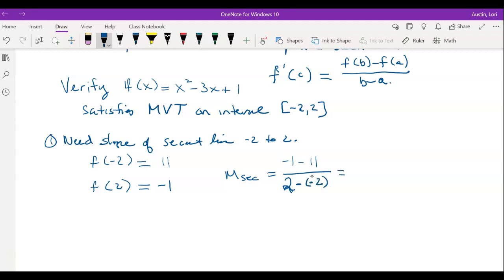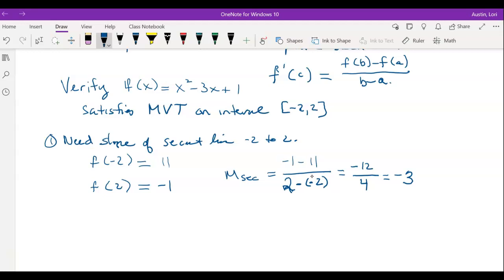All right, do the math. -3? I think I did the math right. Check my math. All you do is basic slope. You're given 2 points, right? Because it's a secant line, so it's a linear line between them. Just find the slope.